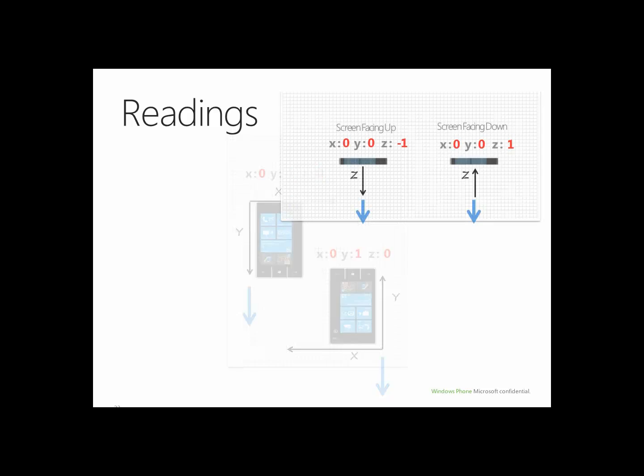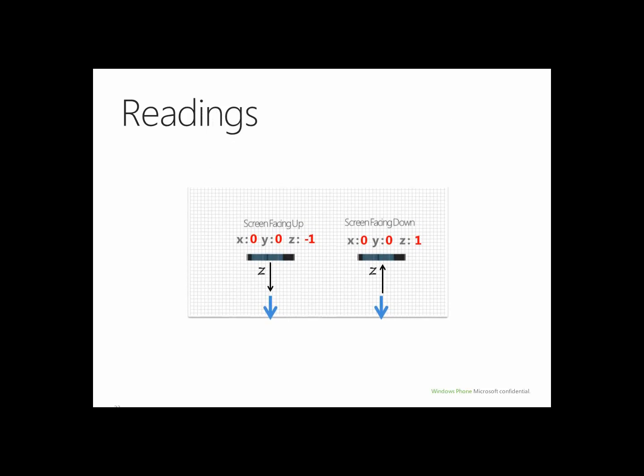If we look at if it's laying flat, laying with the screen facing up, this is where the z-axis gets the pull. So remember, the z-axis, as it shows in the upper right-hand corner, is coming right through the phone. So with the phone laying down with the screen facing up, you'll have the 0, 0, and -1 reading, with the screen facing down, again, 0, 0, and +1.